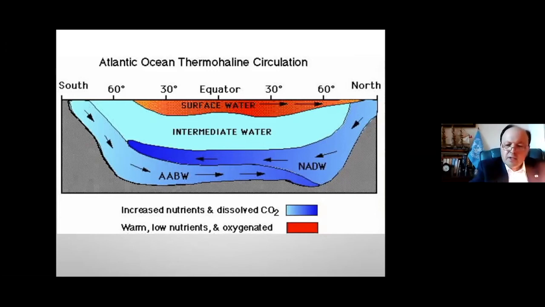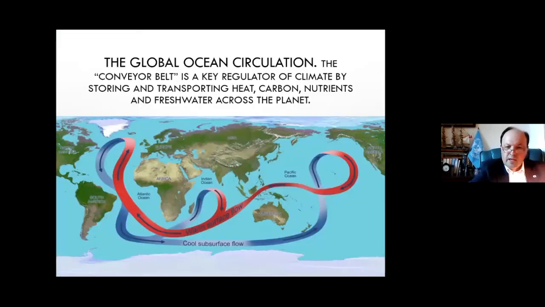So let's go back a little bit to this picture, because the ice in the Antarctic region and the Southern Ocean is essential for this circulation to happen, the difference in heat and nutrients and salinity.